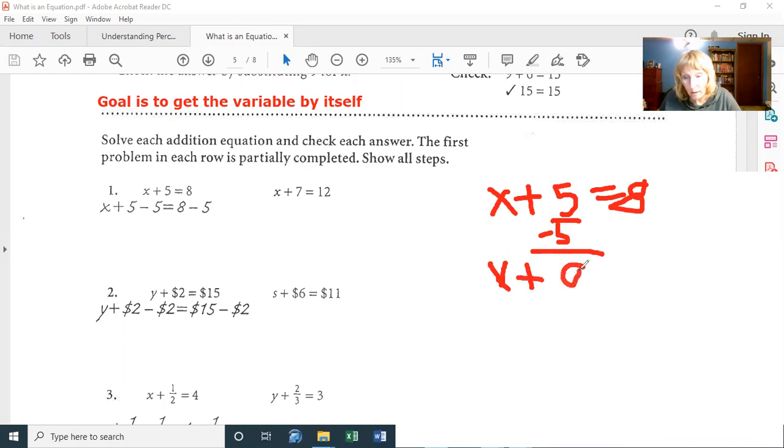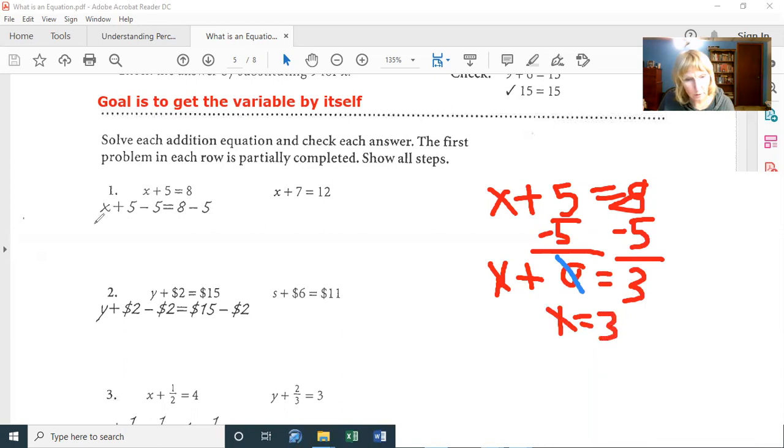And any number added to 0 is just the number, right? And then on this side, if I did minus 5 to one side, I have to do it to the other side. Otherwise, I don't have a balanced equation anymore. So 8 minus 5 is going to give me 3. And then I eliminate the 0 because x plus 0 is just x. And my final answer then would be x equals 3.